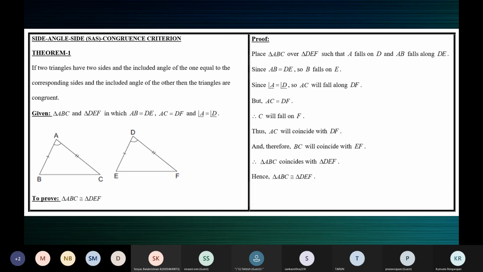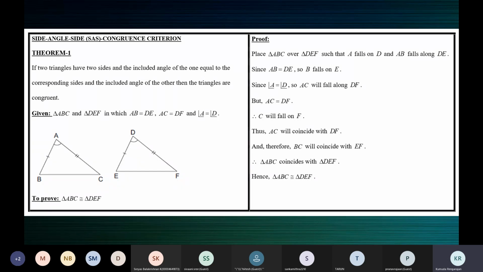Now, what we understand is when two triangles are congruent, one triangle has 3 angles, another triangle 3 angles. So we have 3 pairs of angles, 1, 2, 3 pairs of angles. So these 3 pairs of angles must be equal. A triangle has 3 sides, another triangle another 3 sides, so we have 3 pairs.